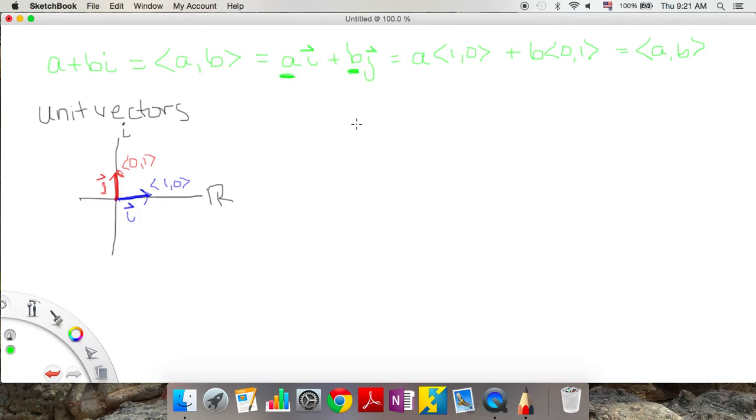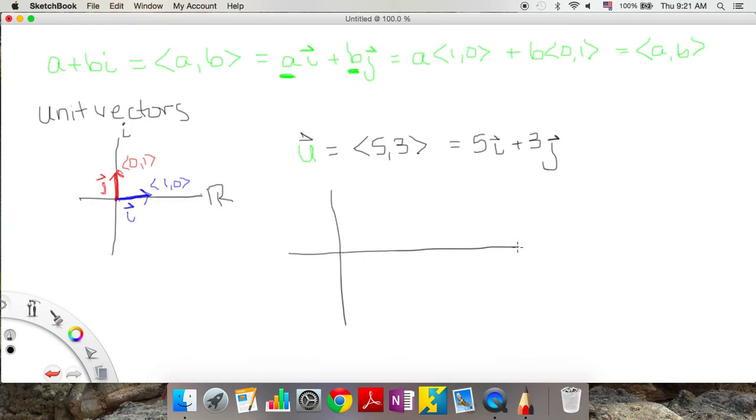So if we have, let's say, our u that we had used before is 5, 3, then for the other kind of vector notation, we would write it as 5 times the unit vector i plus 3 times the unit vector j, because we're taking 5 times this unit vector, so we go out here 5 times.